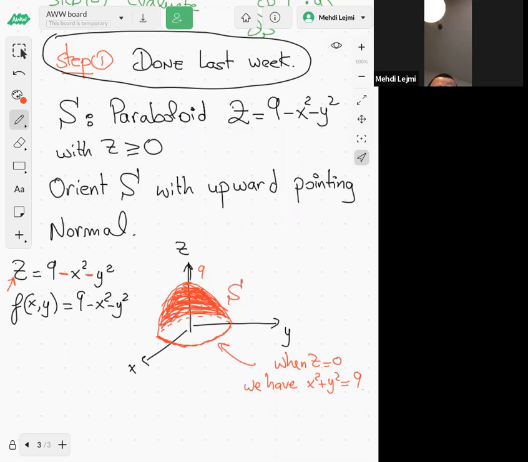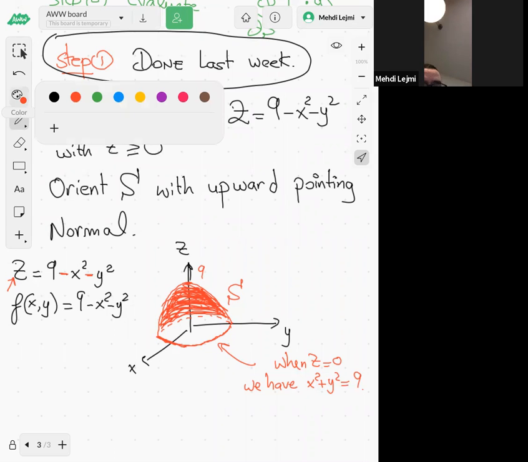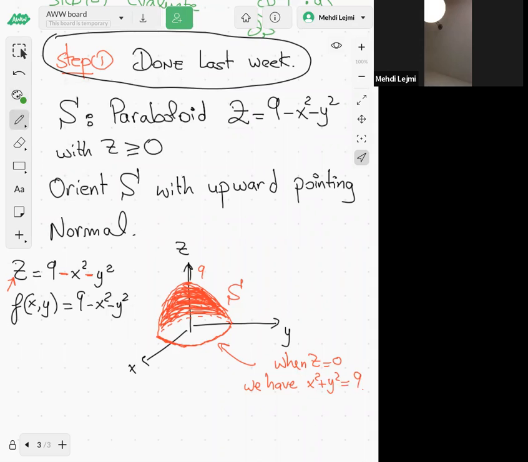All right, so that's my surface S. We need to orient the surface S with the upward pointing normal, which means that in this case there are two possible orientations. Either you orient the surface S with an upward pointing normal, or your orientation could be a downward pointing normal, in the opposite direction.